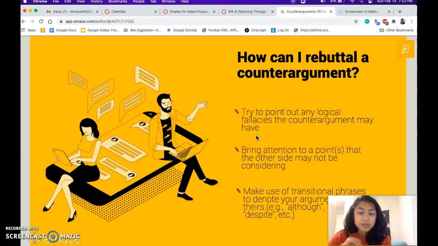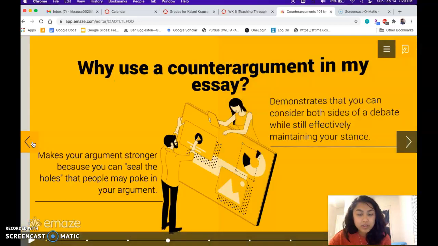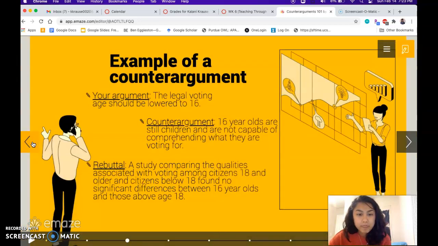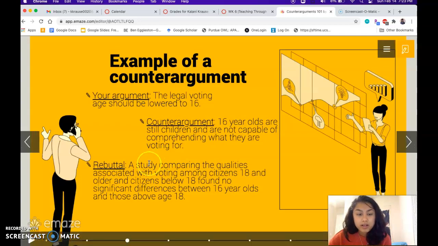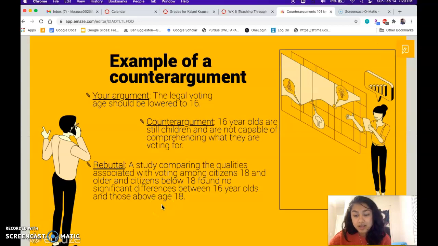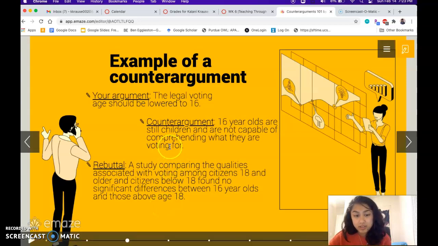But essentially, you're bringing attention to a point or points that the other side might not be considering. So if we go back to our example, and the counterargument is that this person believes 16-year-olds are still children and do not understand what they're voting for, well, the rebuttal is bringing up the point that there are studies that have been done that disprove this assumption.